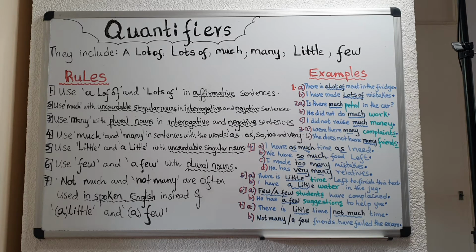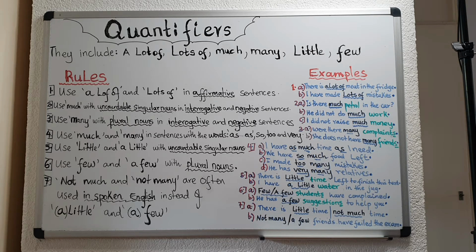Use much with uncountable singular nouns in interrogative and negative sentences. Now, let me explain that rule. Whenever you want to use much as a quantifier, you must use it with a noun. But that noun also has to be singular, which means one.